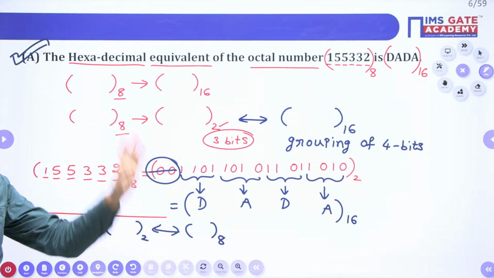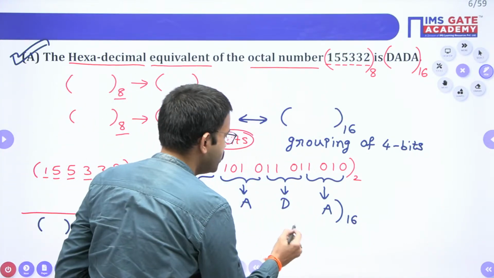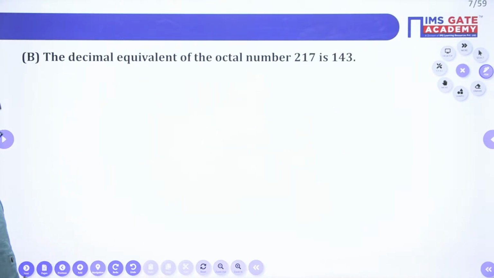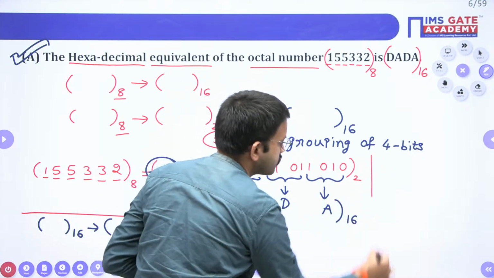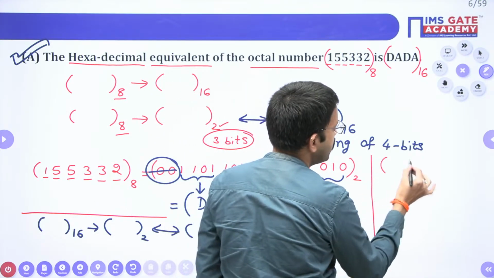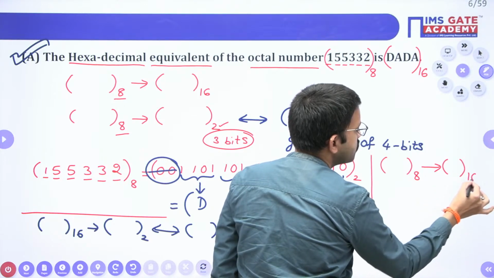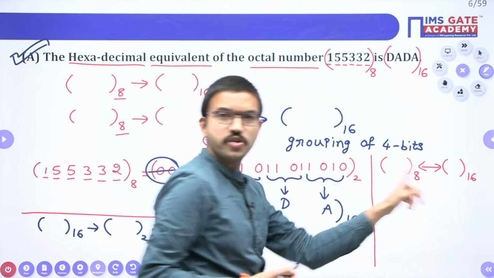I am asking the total number of conversions. According to the given question, we have converted octal number into hexa. Similarly, we can convert hexadecimal back into octal. So these are 2 conversions.